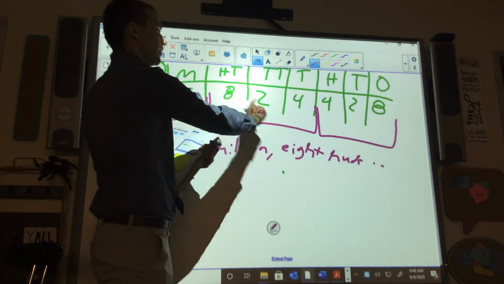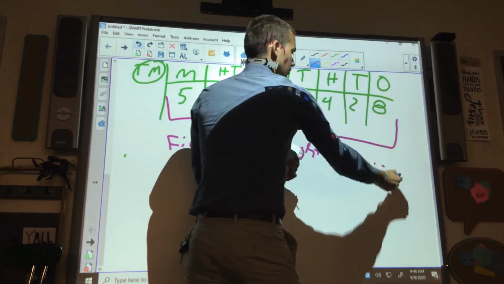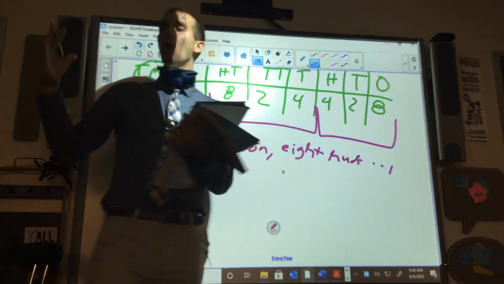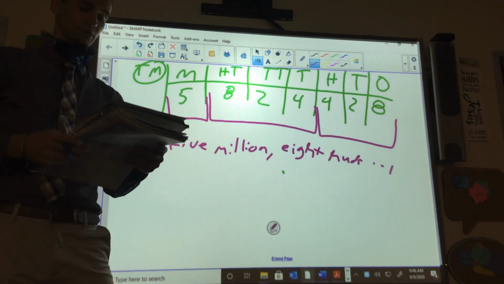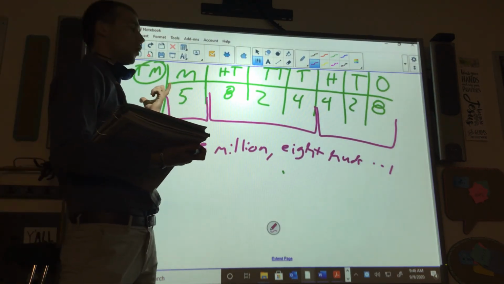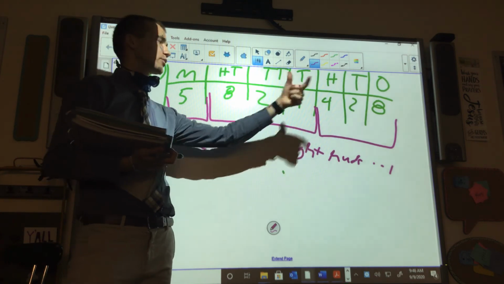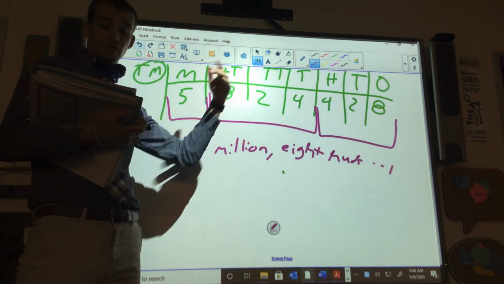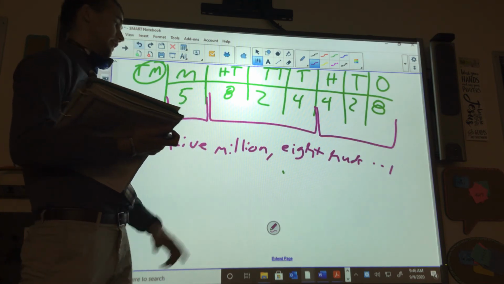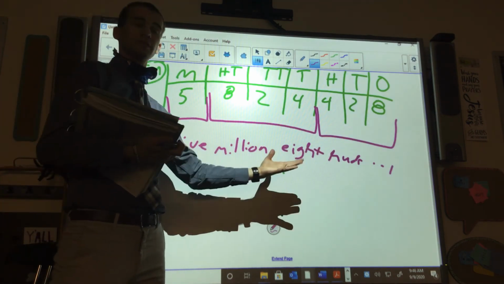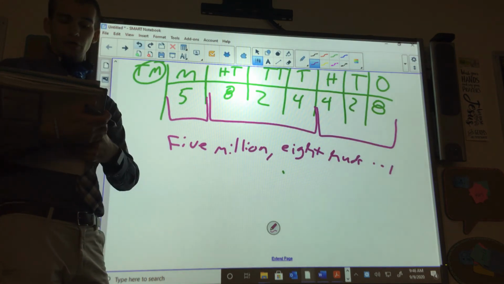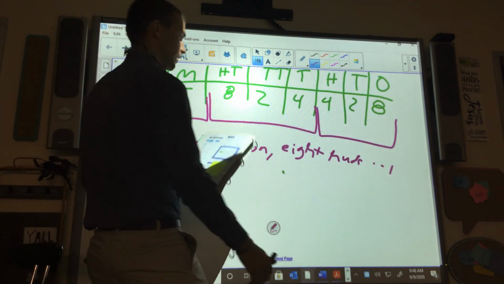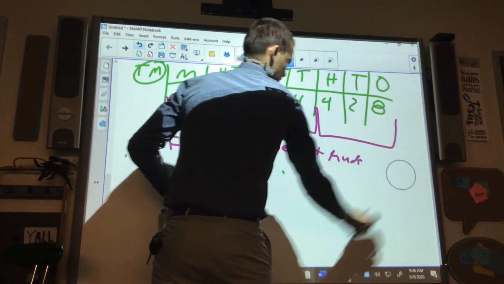But 5,824,000, comma 428, all in word form. That's what it would look like when it's in word form. So you read all the millions together, all the thousands together, all of the hundreds together. So that's what guided practice 13 through 18 looks like, is you just writing it out in word form, just like this. 5,800 and, well, I guess I can't do this the rest of the way, just to complete the example.